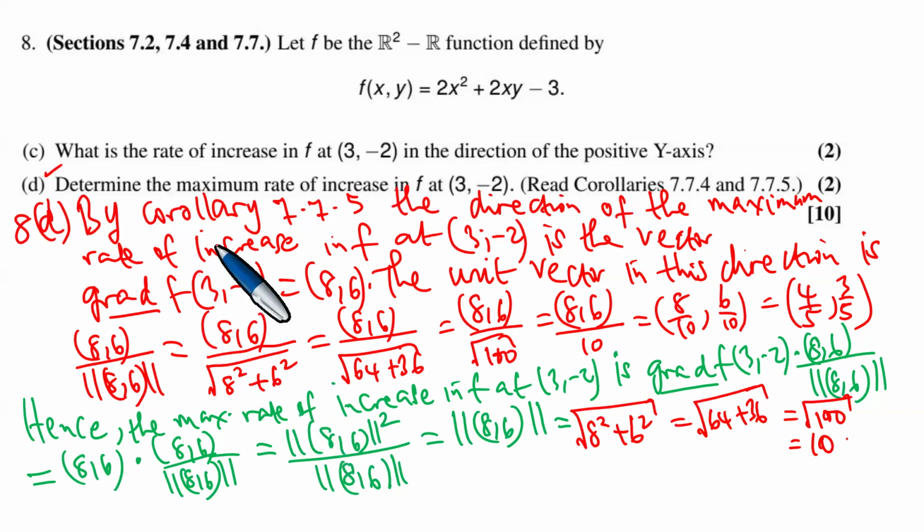The question was: determine the maximum rate of increase in f at (3, -2). Someone asks: why couldn't we just calculate the gradient at (3, -2) without doing the upper part, the red part?